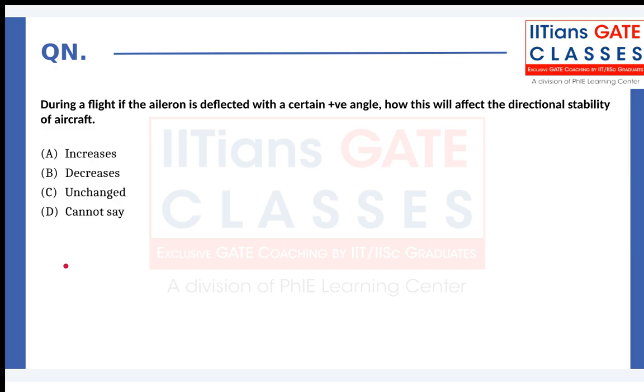During a flight, if the aileron is deflected with a certain positive angle, how will this affect the directional stability of the aircraft?